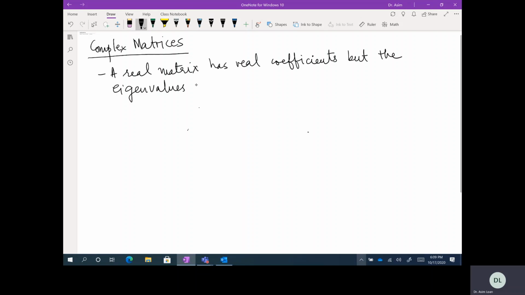The space Cn, the vector space Cn, is the space of vectors with n components.